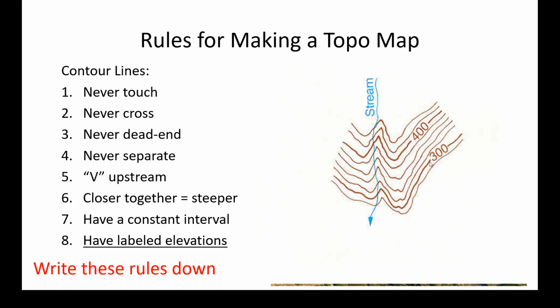So if you see on this image, you have a 300 bold line marked and a 400 bold line marked with several lines in between. So basically, there's 5 jumps here. So you go from 300 to 320 to 340 to 360 to 380 to 400. So this is a 20-foot contour interval.